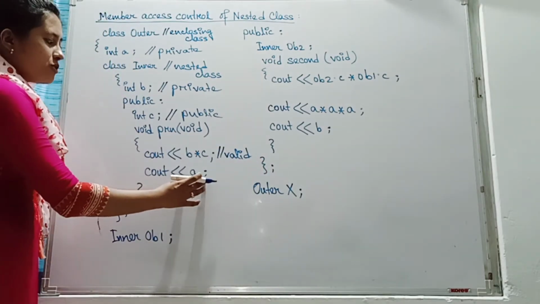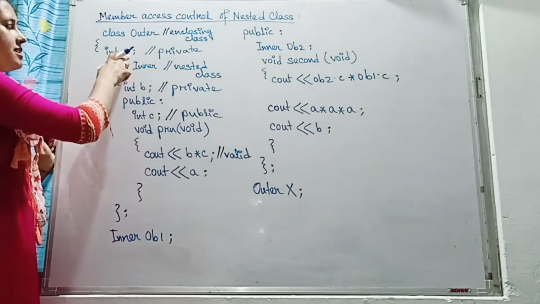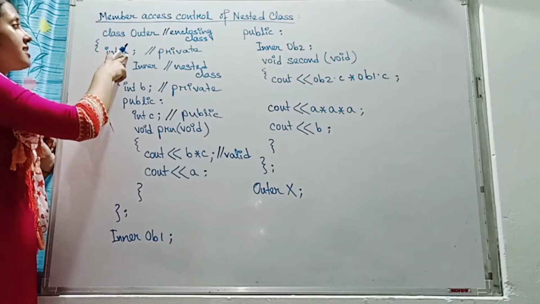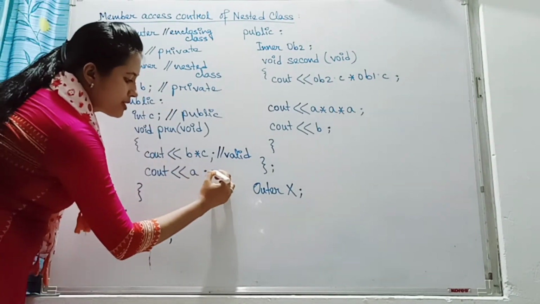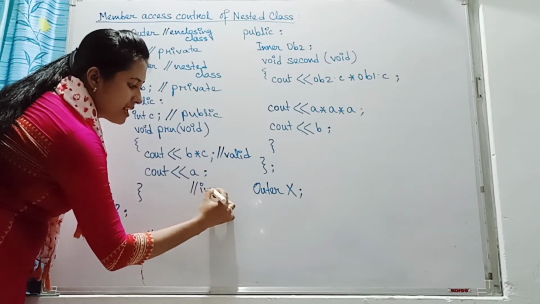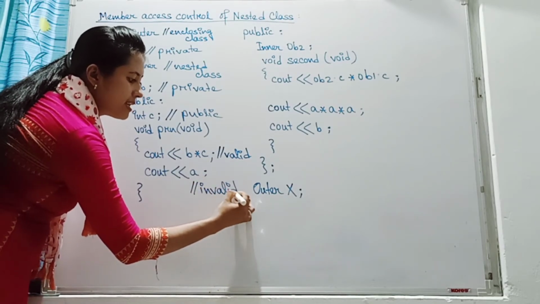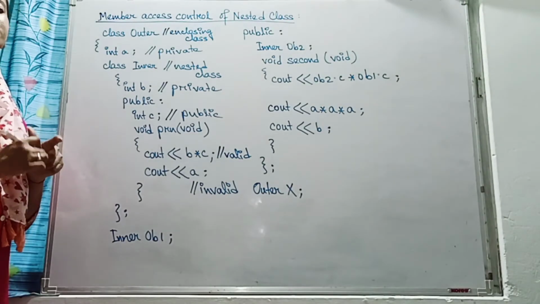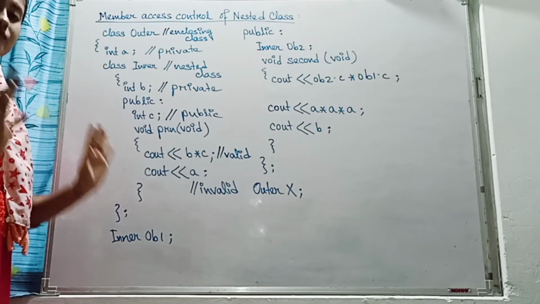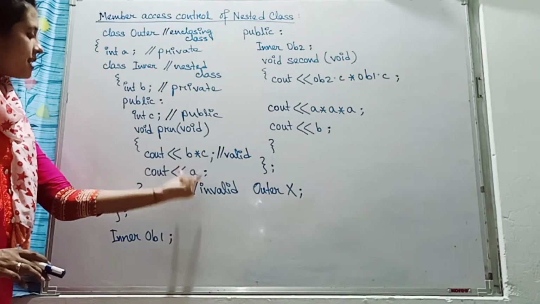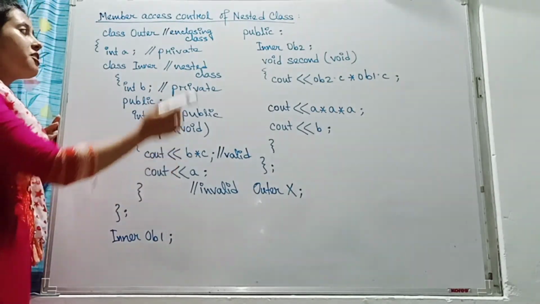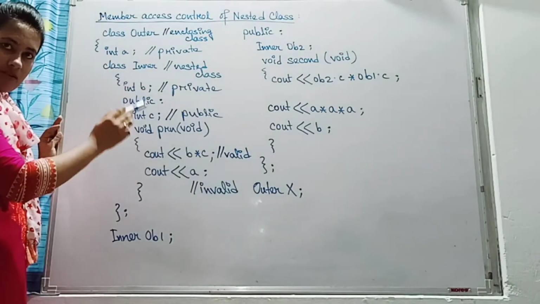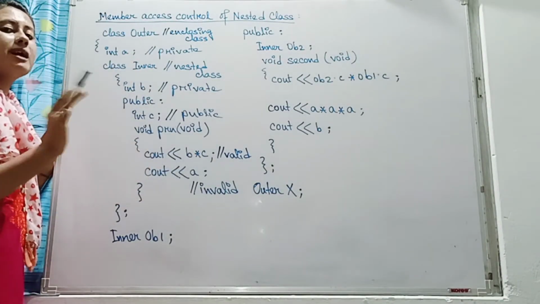Now cout A. This A is what? This A is defined under the private section of the outer class, that is the enclosing class. So this statement will become invalid. That is, C will give an error in this particular statement. Always remember that if I am accessing a private member of another class, then it will become invalid.